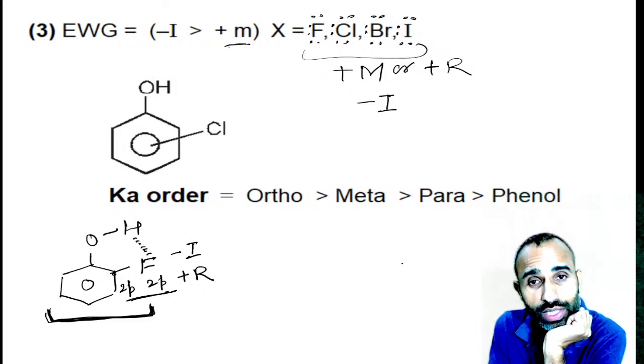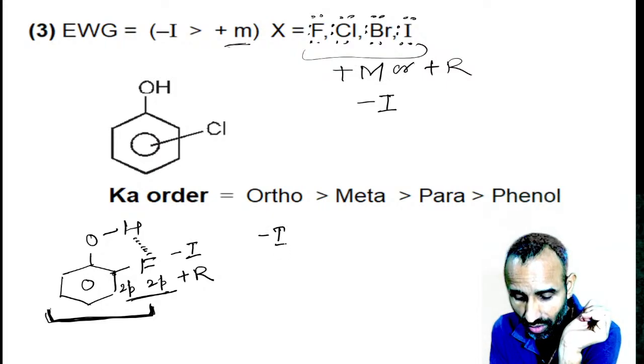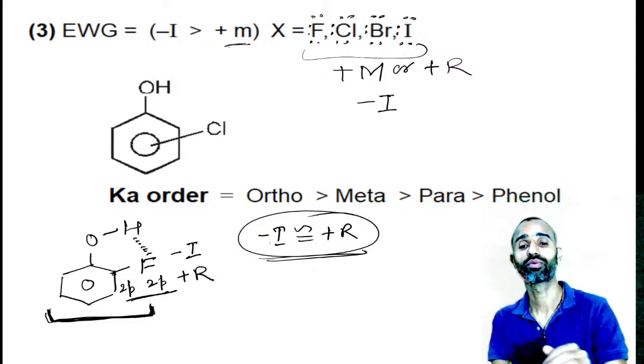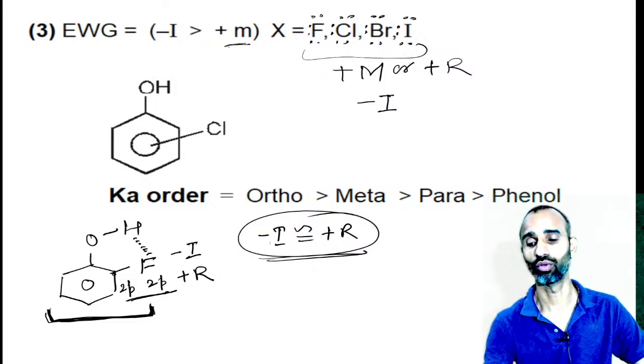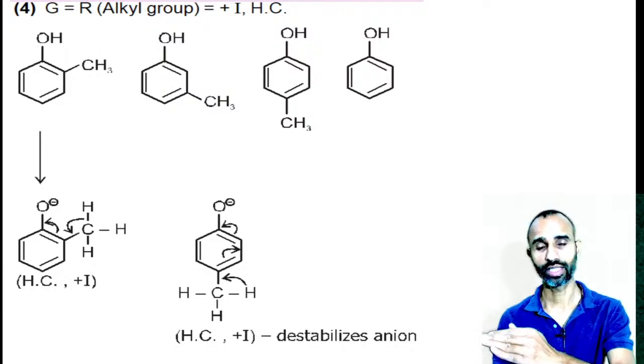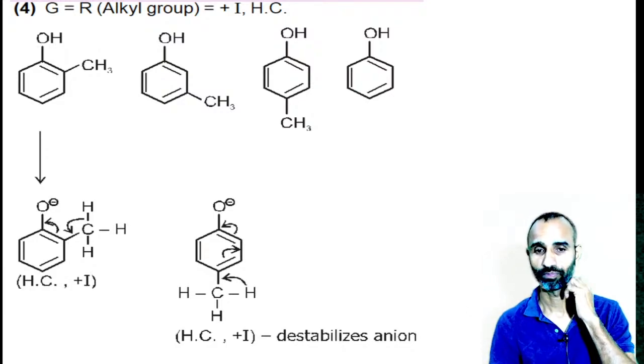So the resonance is very close, meaning the dominance of minus I and plus R is almost equal. That's why it is as acidic as phenol, or almost, in case of ortho fluoro only. In the rest of the cases it is ortho, meta, para and then phenol.